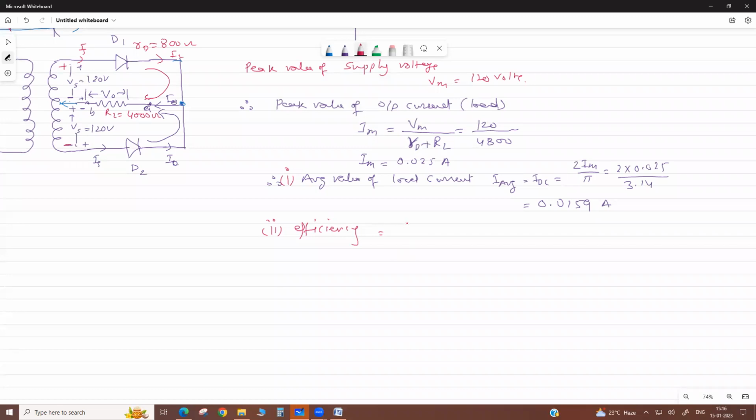So here, DC output power divided by AC input power, into 100.